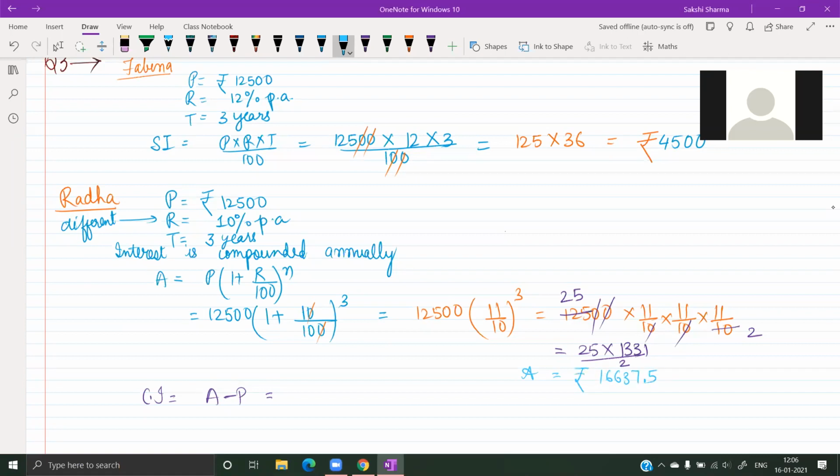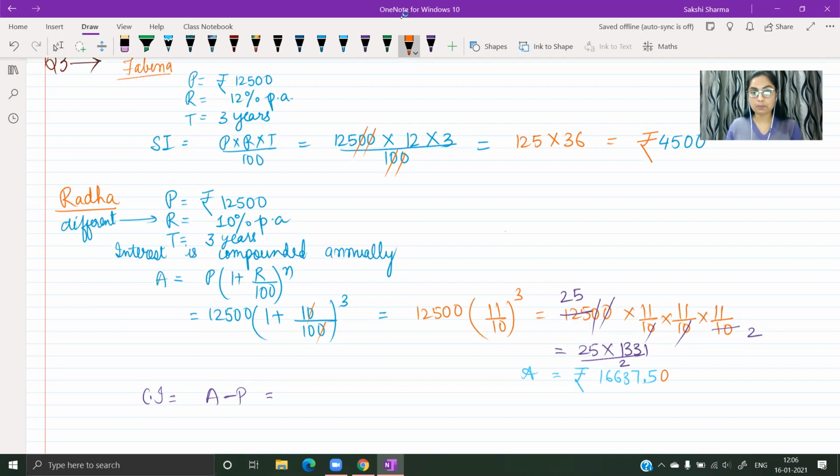Yes. And with money, again, I'm stressing on this: 0.5, we will add one extra zero, 50 paise. So 16,637 rupees and 50 paise. It's not 5 paise, it's 50 paise.